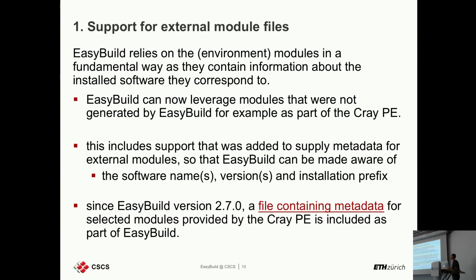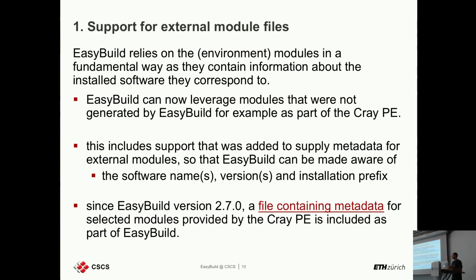The support for external module files worked like this: we have a file where we put the external metadata for the module file. So we map the existing modules in a way that EasyBuild can reuse. We define the EasyBuild root, so EasyBuild can easily find the paths and reuse it as if it was a module created by EasyBuild, even if it's an external module.